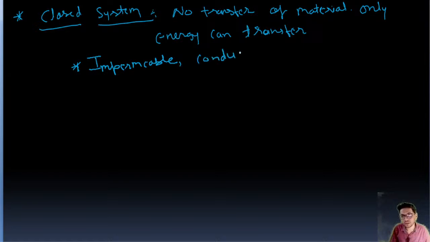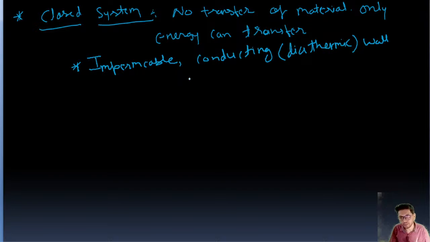Impermeable walls mean material cannot transfer, the wall will not allow material to transfer through it. Conducting, or diathermic, means it will allow energy to transfer between the system and the surrounding wall. This wall will be rigid as well.